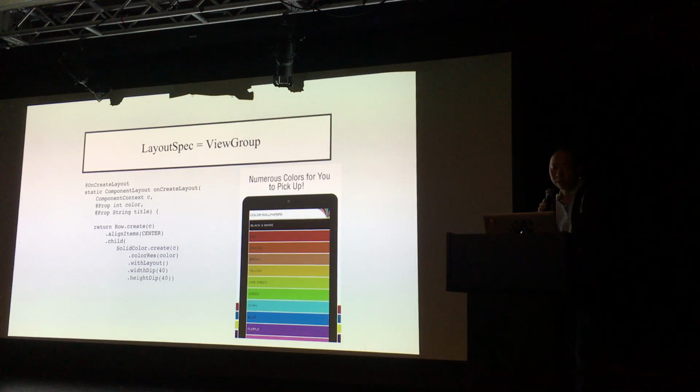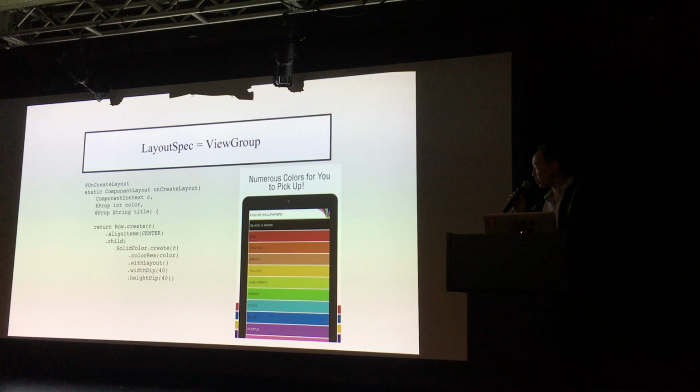Next is the layout spec. Litho has a function called the layout spec. Think of it as generating a new view group on Android. The layout spec class has a function called onCreateLayout. Just like our previous slide, we pass the component context along with whatever you want to pass.